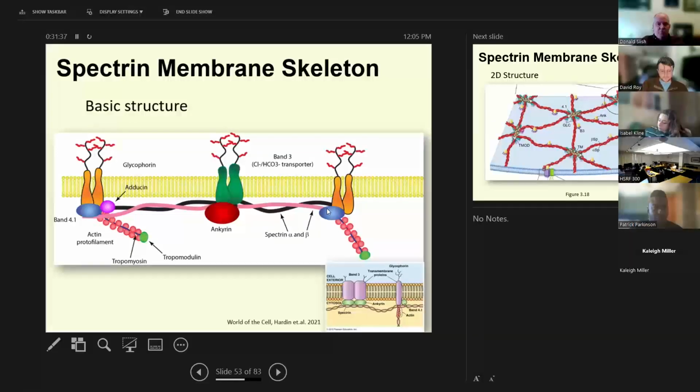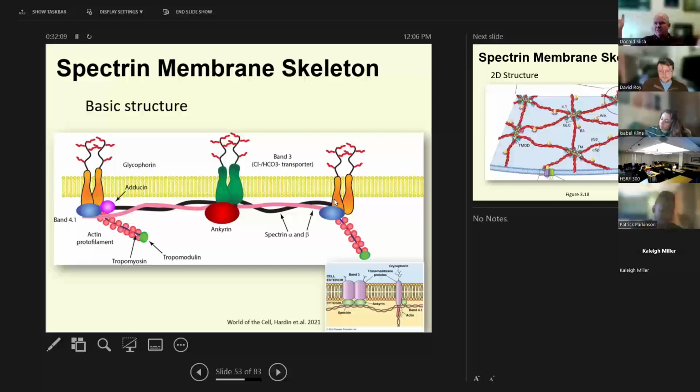These long rope-like things are spectrin. Spectrin is a dimer of alpha and beta monomers, and they are attached here to ankyrin, and ankyrin's attached to the band 3. And over at the other end of the spectrin, you've got band 4.1, which is helping to attach the spectrin to this protein, which is glycophorin.